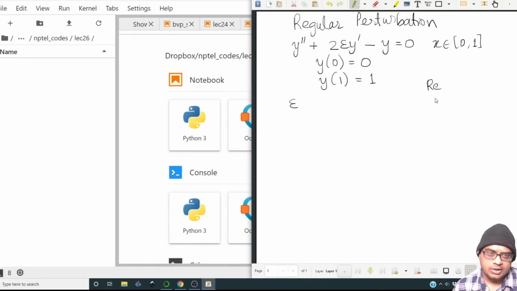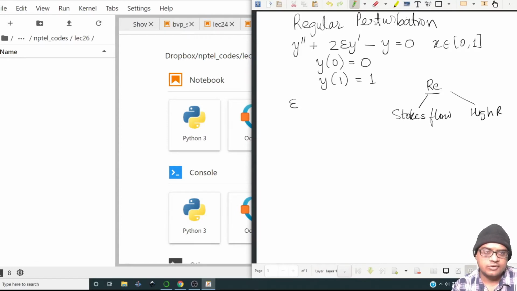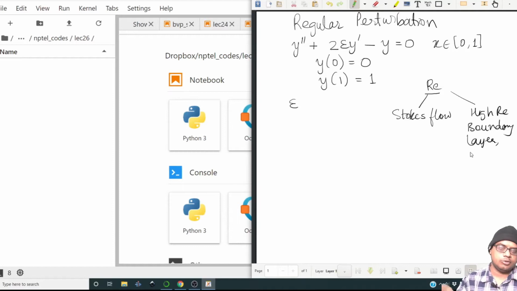It may either be high or low, and depending on what the magnitude of the Reynolds number is, we know physically that you will either have what is called a Stokes flow, or more generally a high Reynolds number flow, which encompasses boundary layer theory or turbulence and all these things.